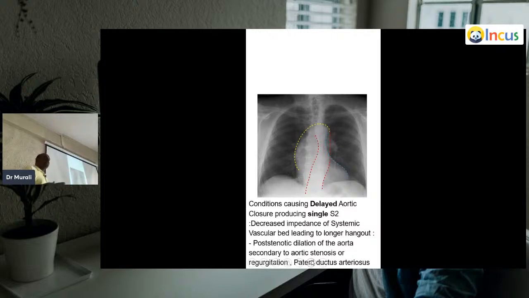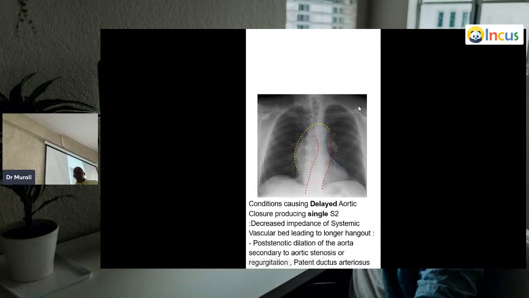So any aortic regurgitation or aortic stenosis will make the job of the left ventricle delayed. Just like when you have a long OP in the hospital, your hangout time in the OPD will be longer, and your A2 is delayed, right? So that's the point. Similarly, patent ductus arteriosus.